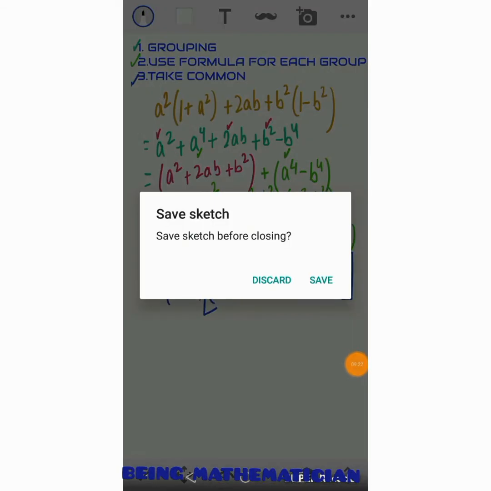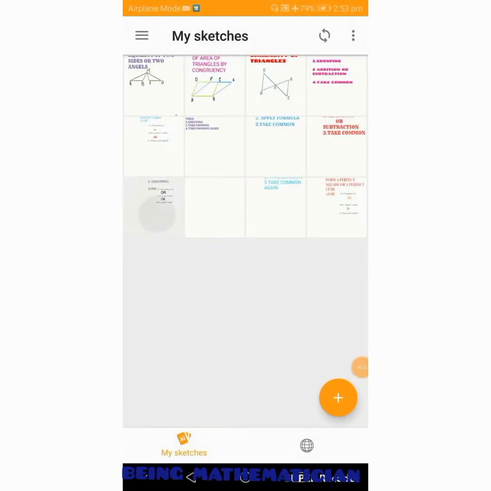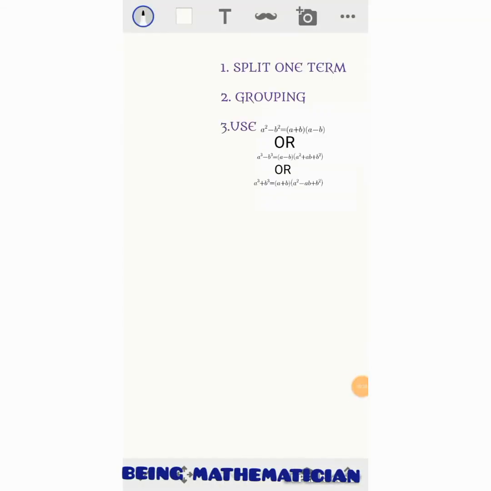Now we move to the fourth trick, that is split one term, then grouping, and then use these formulas. So let us introduce it by an example, that is a to the power 4 plus 1 by a to the power 4 minus 623. So first of all, step 1, that is split one term.